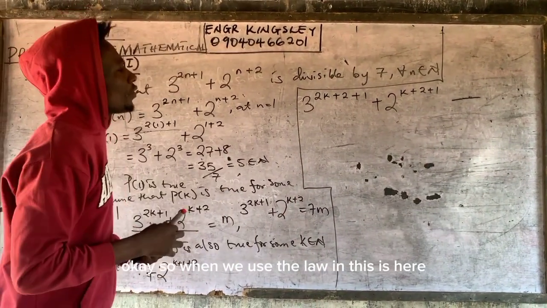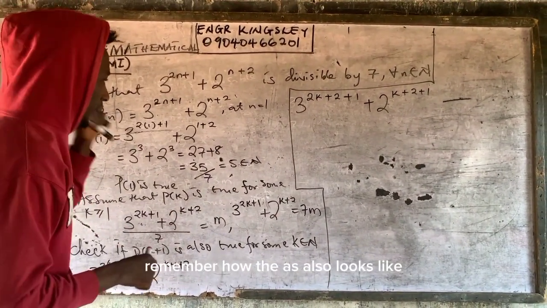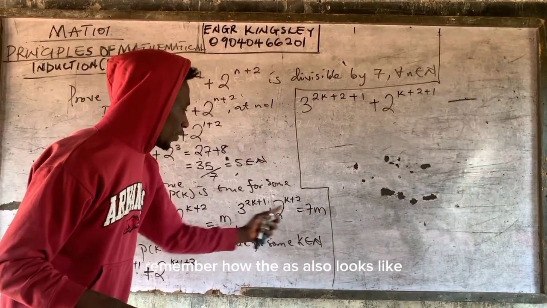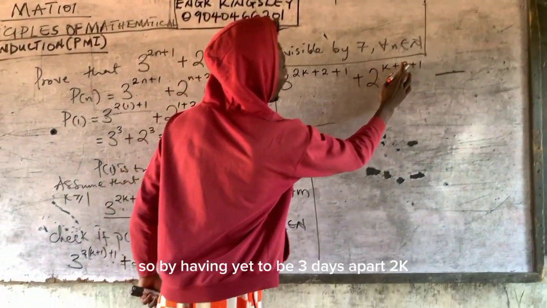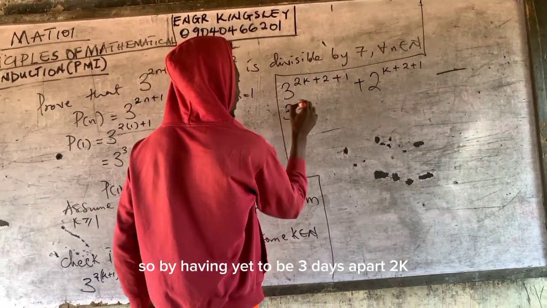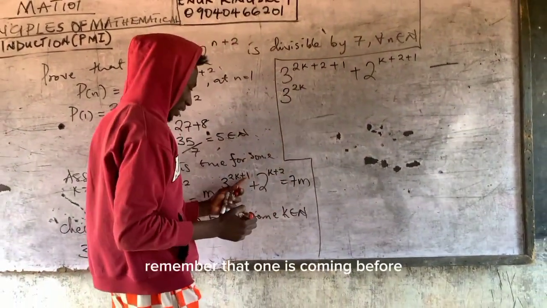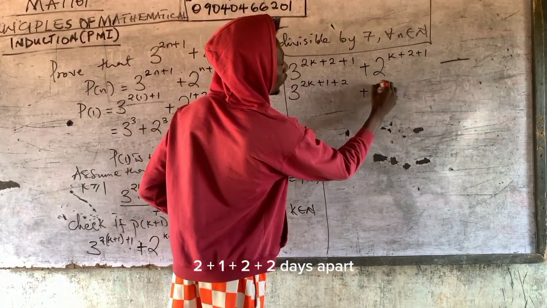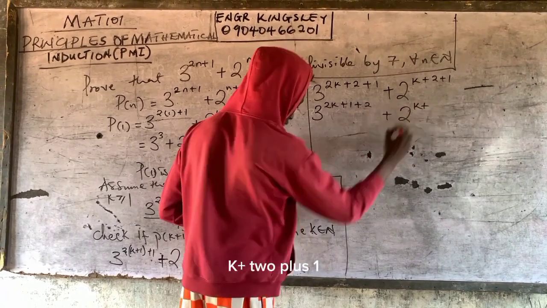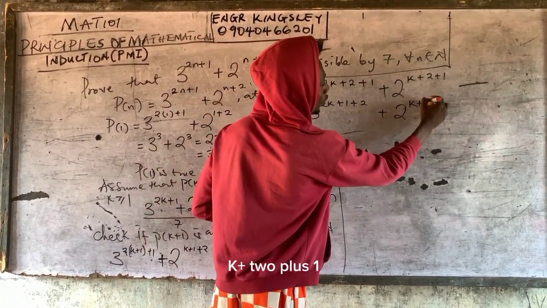When we use the law of indices here, remember how the assumption looks like. We can rearrange this to look like that too. So we have 3 raised to the power 2k plus 1 plus 2, plus 2 raised to the power k plus 2 plus 1.